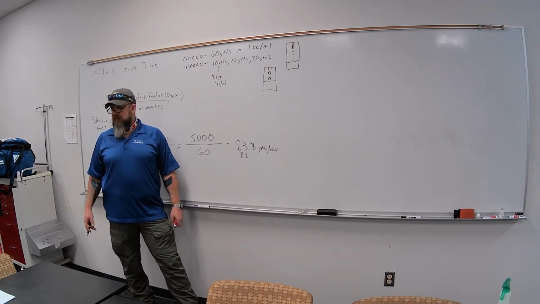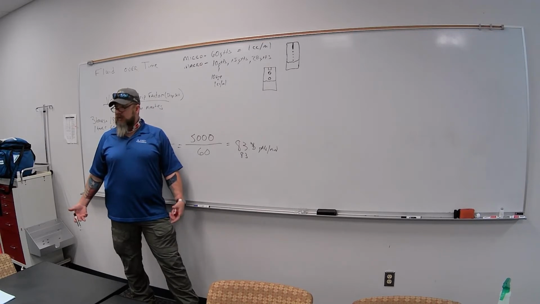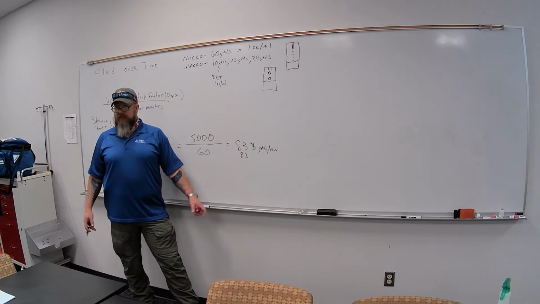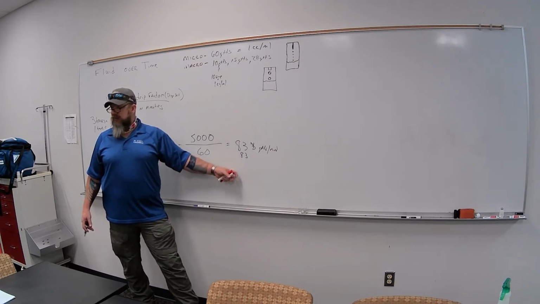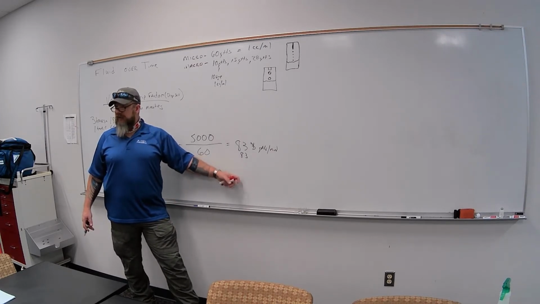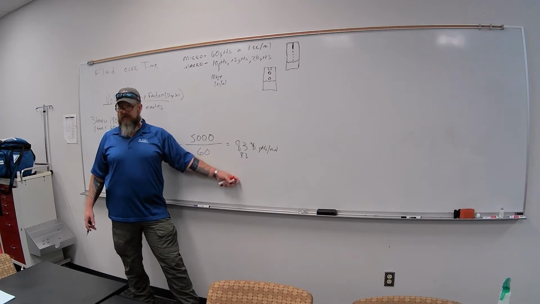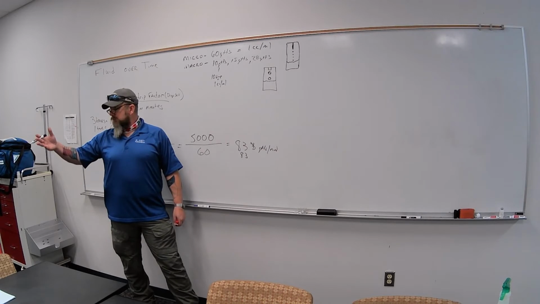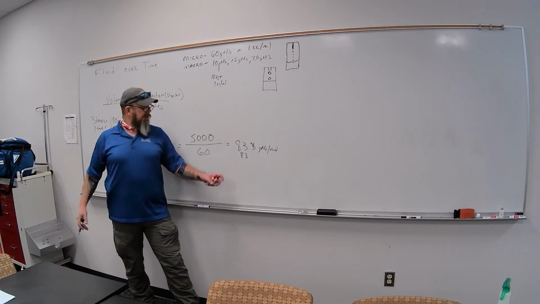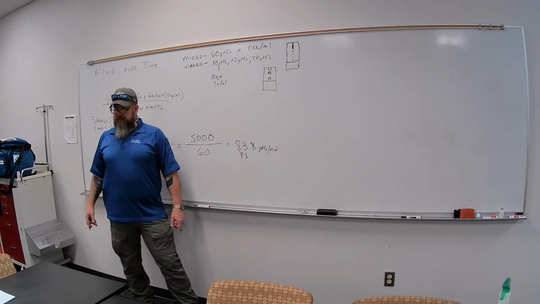Okay? Could be about 20, 21, right in that area, right? 20 drops every 15 seconds would give me 80 drops every minute. Does that make sense? You getting it? Okay. So that's the way we figure that out.